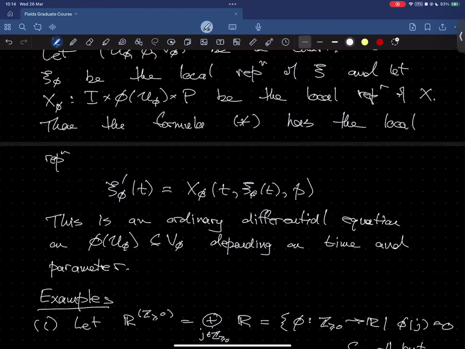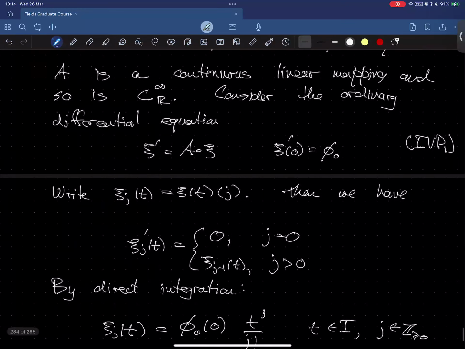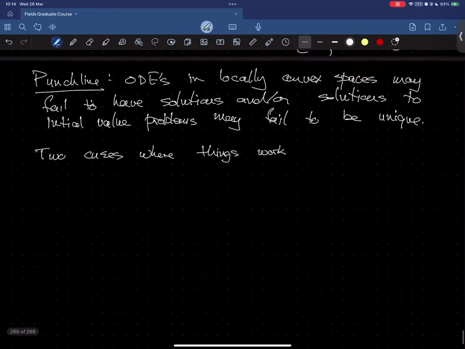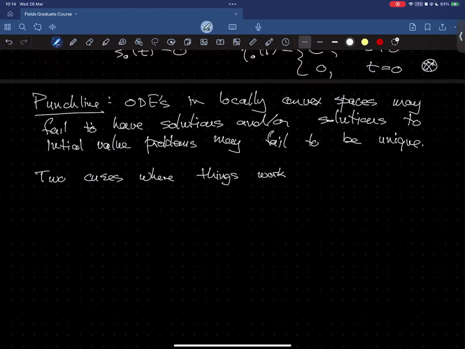All right, so just to keep things simple, I will not state the condition on manifolds, not for integral curves. I'm going to do it on open subsets of locally convex spaces, meaning for differential equations.